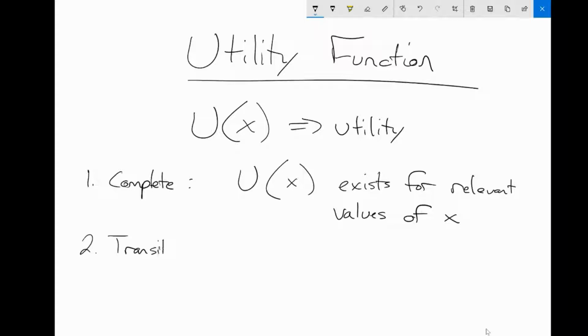Transitivity. All right. Transitivity means that those same principles that we laid out before are going to apply for the utility function.